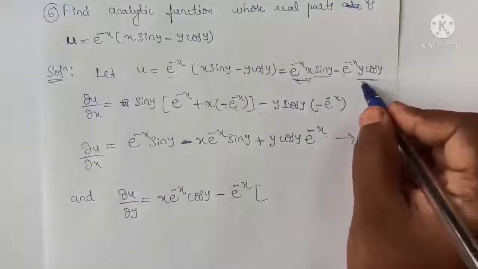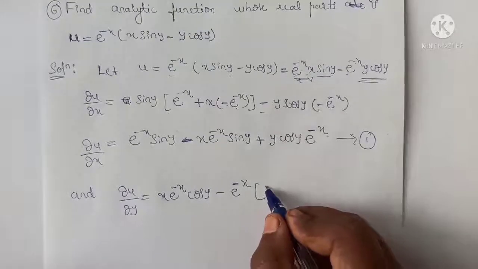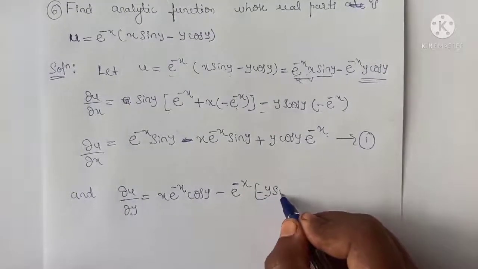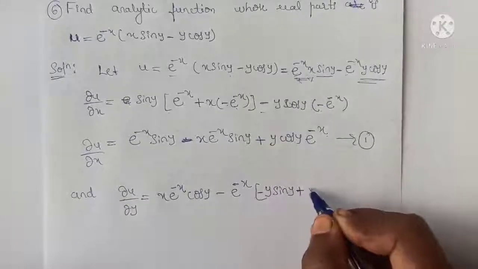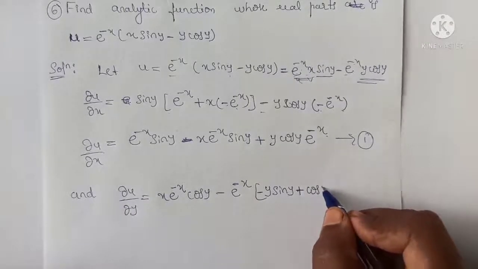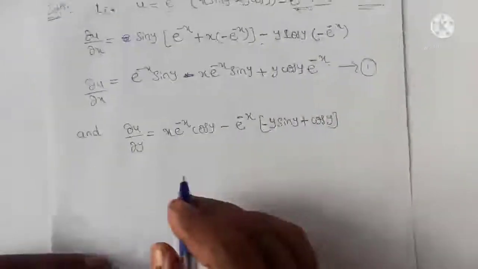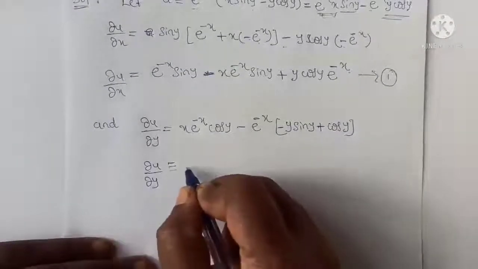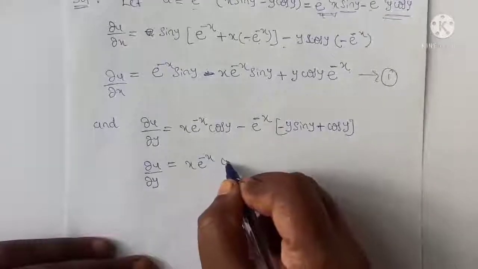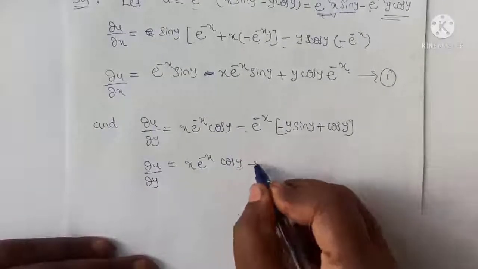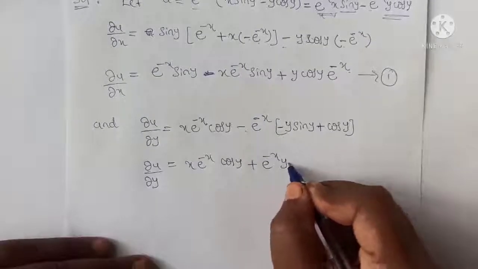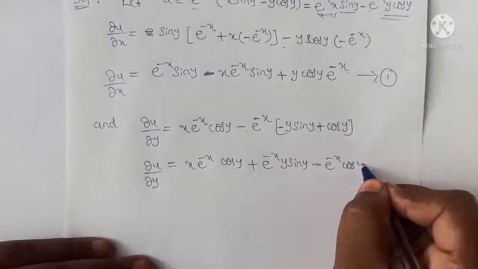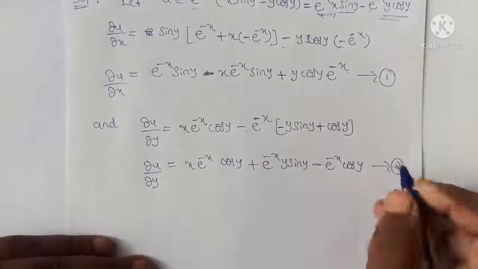Now we have to apply the uv rule for this y into sin y, so y as it is, sin y differentiation is cos y... minus y sin y as it is, plus next cos y as it is, y differentiation 1. Okay, so further simplifying we get dou u by dou y is equals to x e raised to minus x cos y minus into minus plus e raised to minus x y sin y minus e raised to minus x cos y. Consider this as equation 2.